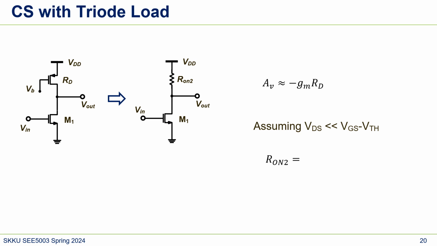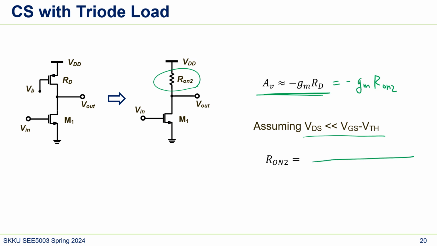To calculate the gain, this is the same, right? Because we just model this PMOS as just an on resistance. So this would be just minus gm Ron2. And in the triode region, we learned this equation, but I'm just going to write it down.